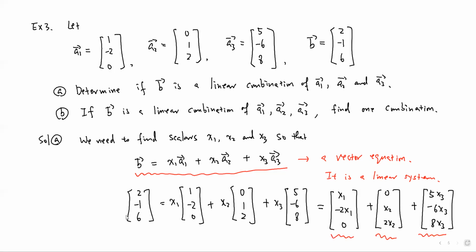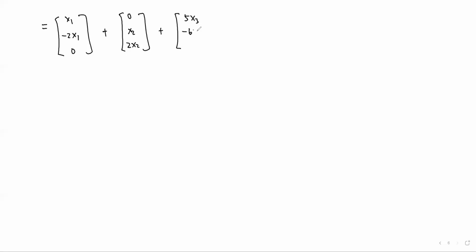Now, let me copy this sum in the next page here. x1, -2x1, 0, plus 0, x2, 2x2, plus 5x3, -6x3, 8x3.